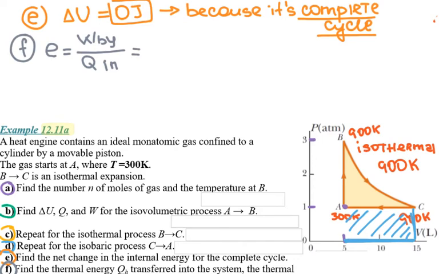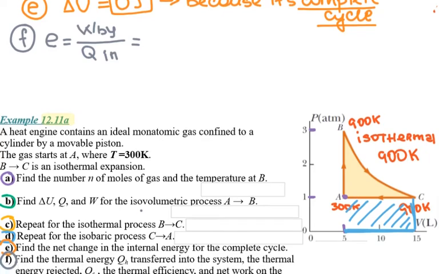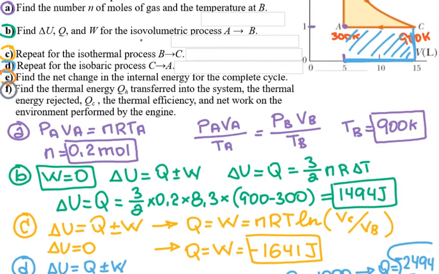So the work done on the environment is only happening one time, and it is in between B and C. So the one that we did between B and C is in yellow. So that work was the only done on the environment.